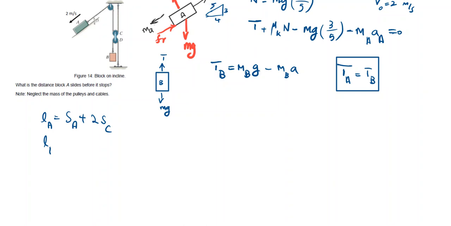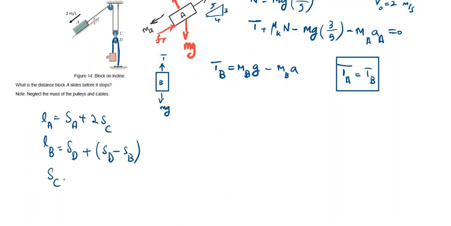We know that the length of B is equal to this value, which is the position of D, and then we have this little one, which is plus s_D minus s_B.